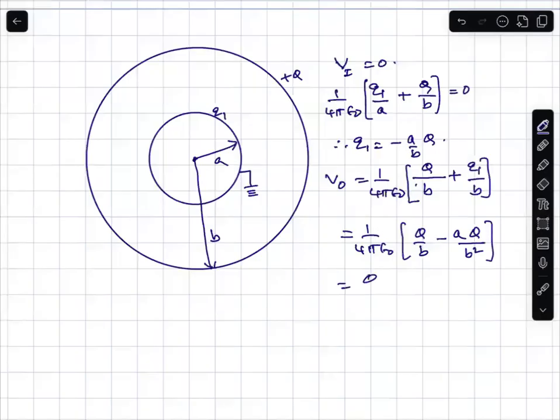So this can further be written as Q by 4 pi epsilon naught times B minus A by B square. This is the potential of the outer shell.